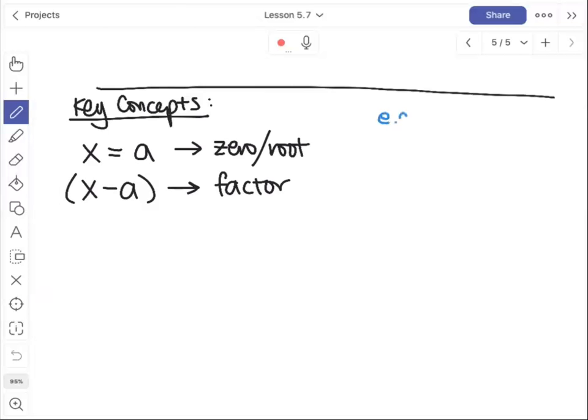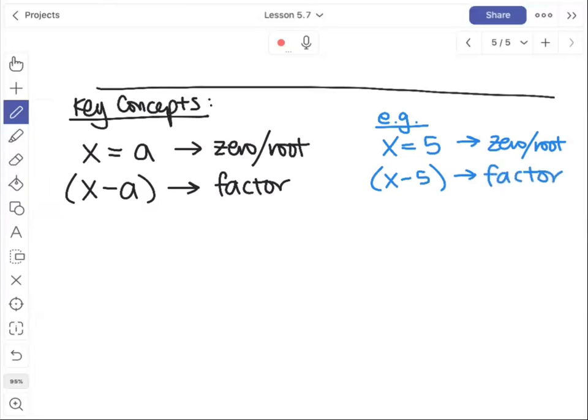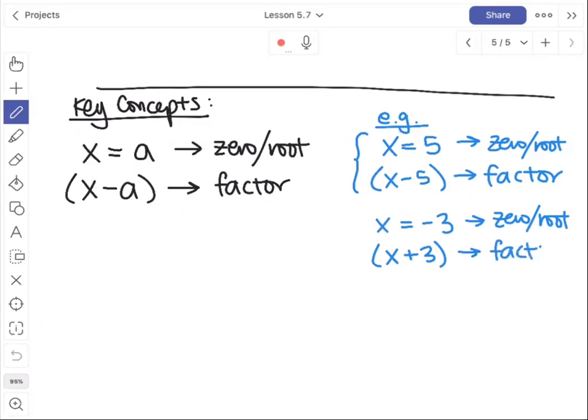For example, if x equal to 5 is considered a 0 or a root of a polynomial, that means x minus 5 must be a factor of that same polynomial. Or if x equal to -3 is considered a 0 or a root, that means x minus -3, which is x plus 3, must be considered a factor.